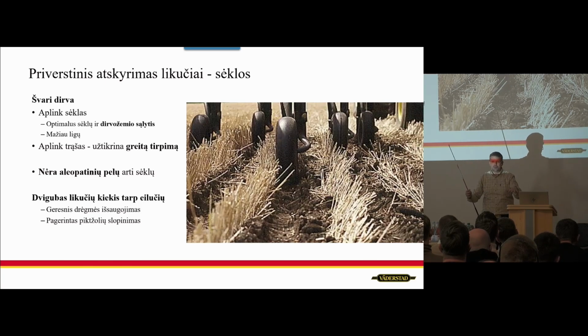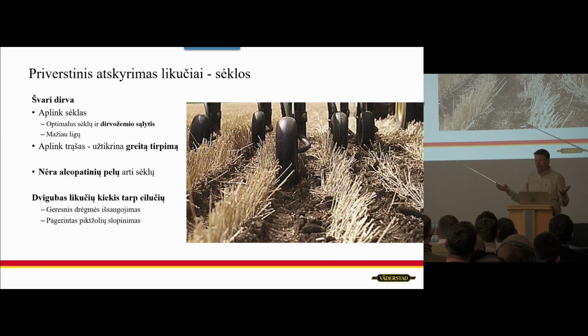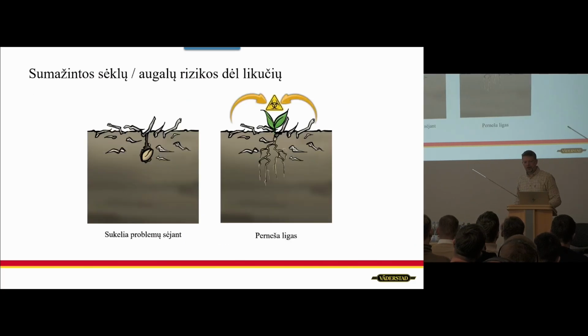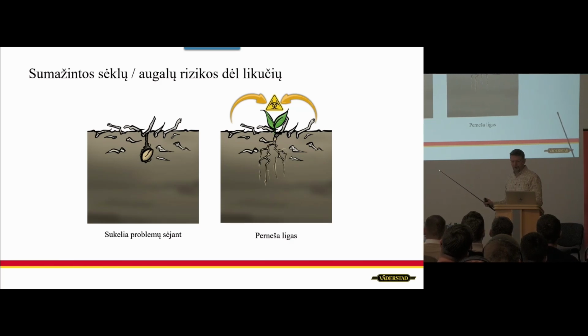So we have more residues on the other places that will increase the insulation effect where we are not working, so to say, which is good. That keeps the moisture better in those places also. So plenty of ways working here as well. And residues with the seed, it's usually not a good thing. It can also be a problem a bit later if you mix it too much with the plant germination as well.